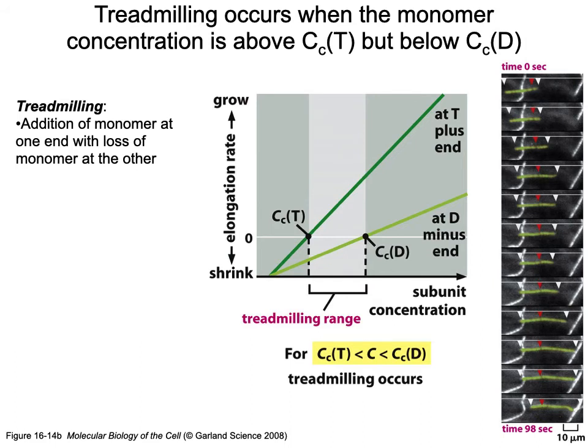So another process that can happen is what's known as treadmilling, and we'll talk more about this later on. But treadmilling is where you're going to get an addition of a monomer on the positive end at the same rate in which you're losing a monomer at the negative end. So that rate of adding and subtracting is going to be the same, so there's actually no growth that happens.